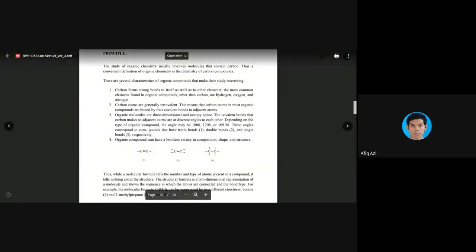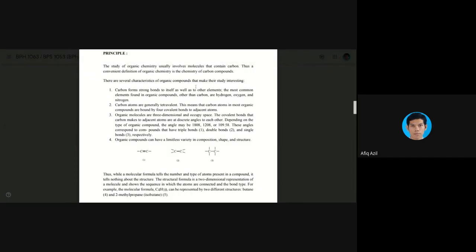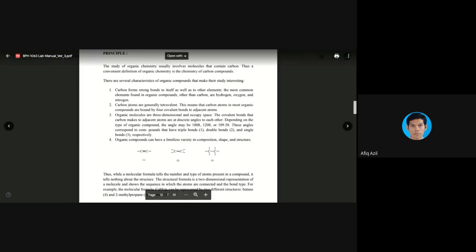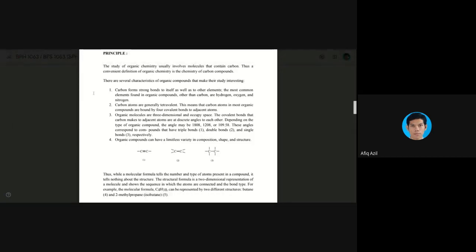Okay, so there are several characteristics of organic compounds that make their study interesting. The first one is carbon. Carbon forms very strong covalent bonds with other elements.